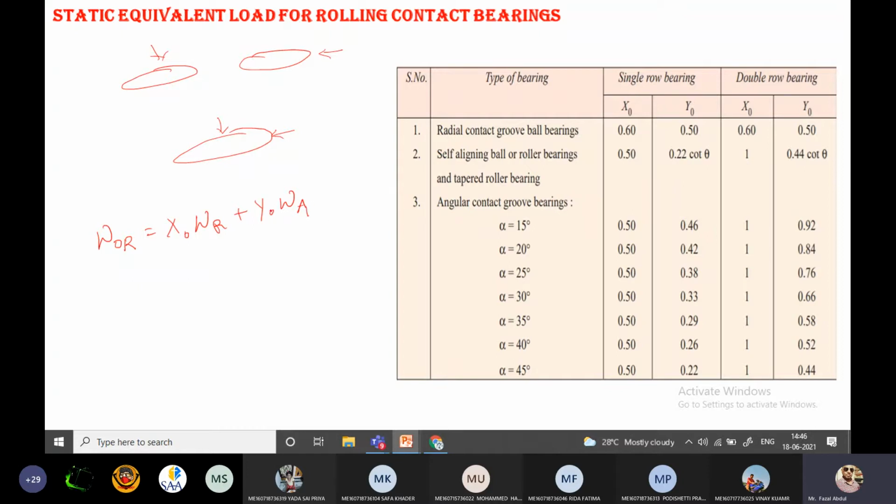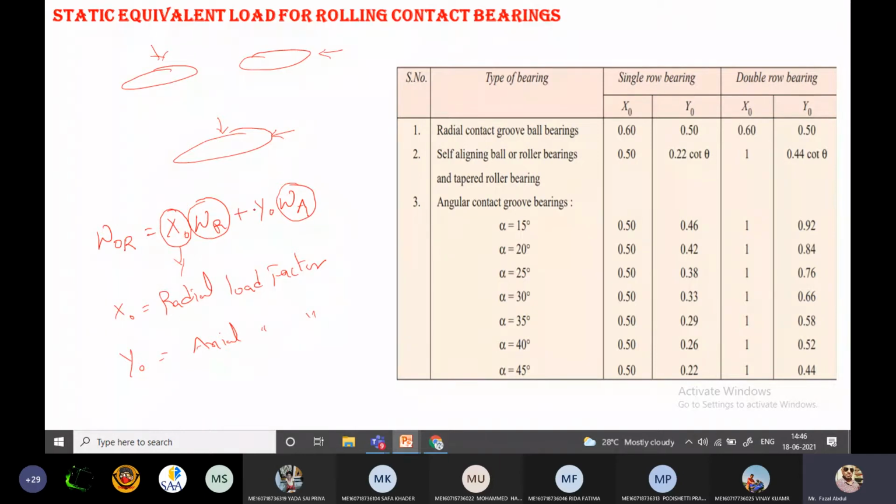Here X naught means the radial load factor, and Y naught means the axial load factor. WR is the radial load, and WA is the axial load.